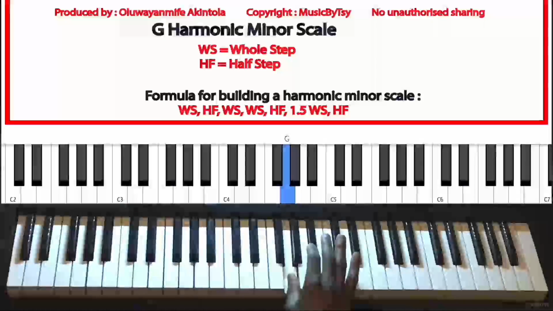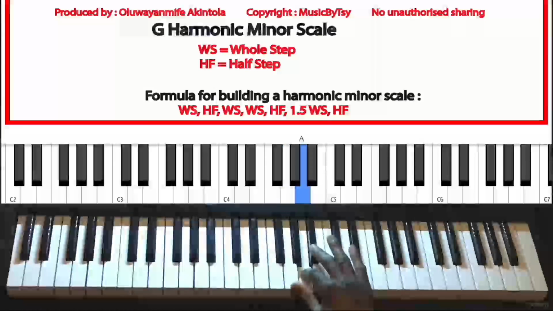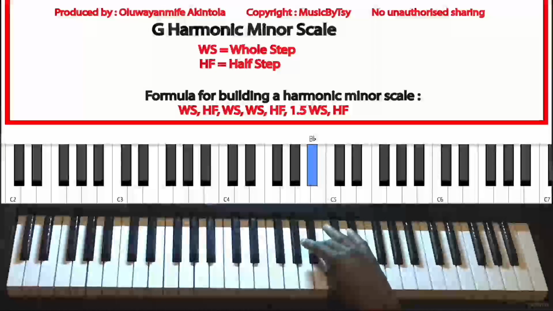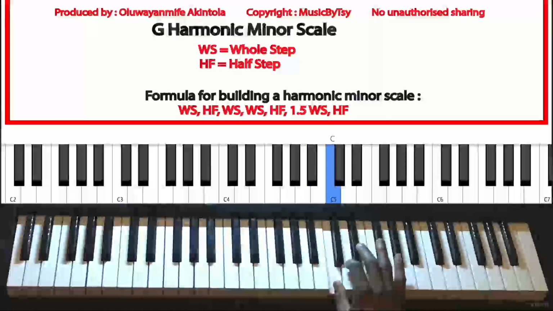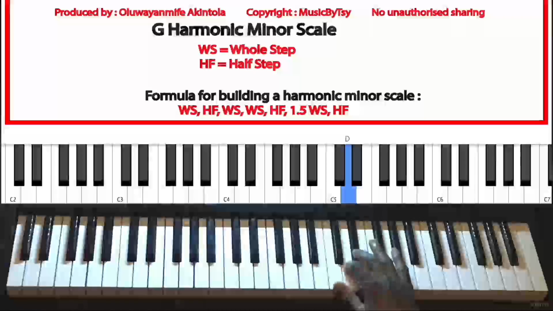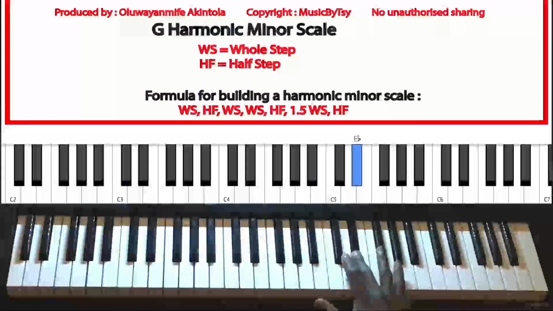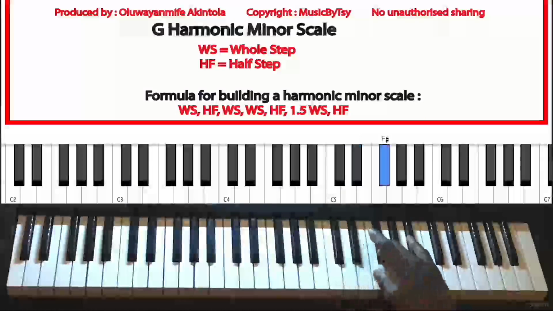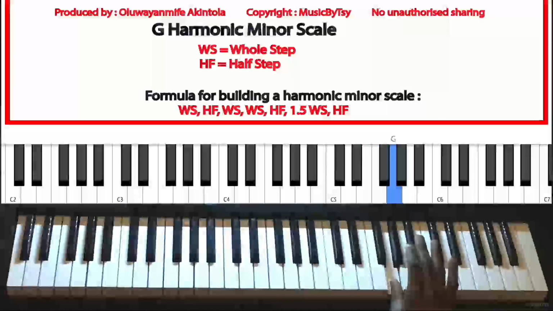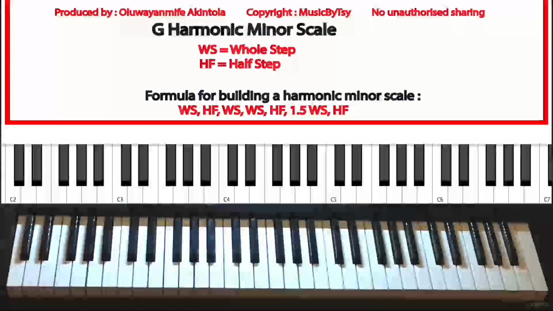Starting from the key of G, we're going to take a whole step, and then a half step, and then a whole step, and then a whole step, and then a half step, and then 1.5 steps, and then a half step. So that is the G harmonic minor scale. See that? Using both methods, we got the same answer.